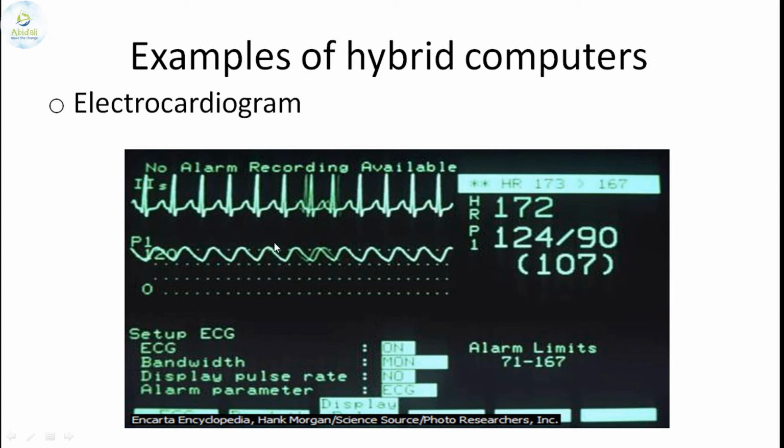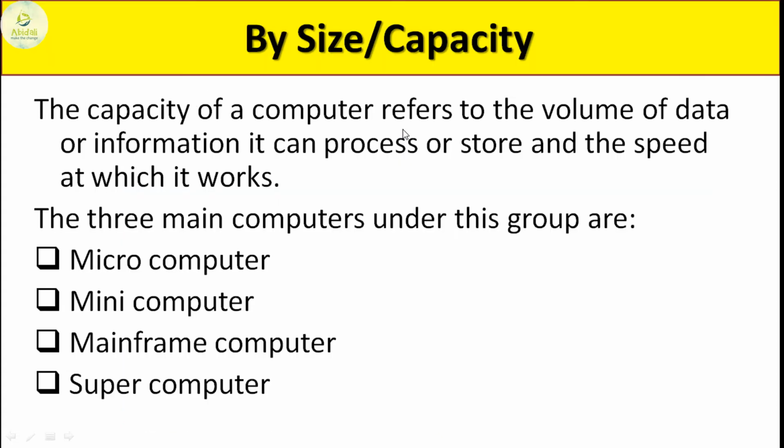So this is also a combination of analog and digital components, where the analog component will give you the output, and the digital component will process the equation taken from the heartbeat rate. So this is an example of the hybrid computer.